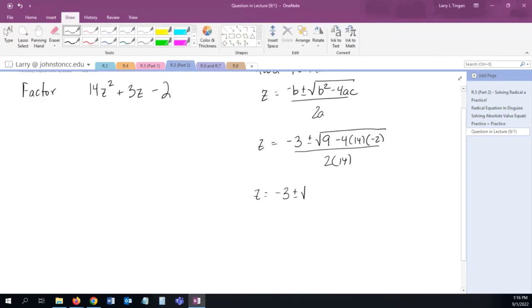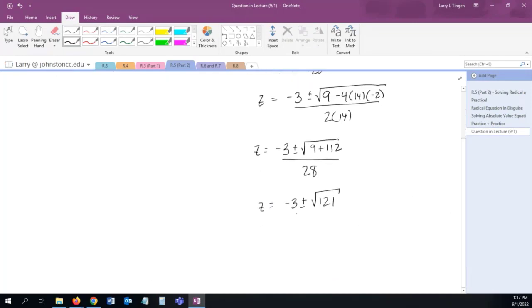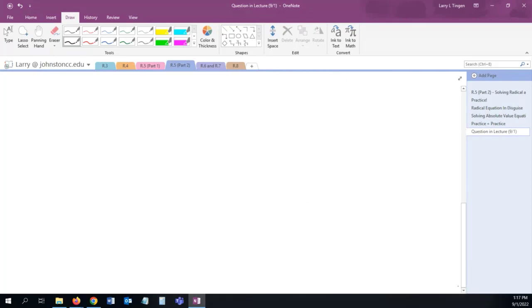Here we go. So if I do the math out here, that's going to be 9 plus 112, all divided by 28: -3 plus or minus the square root of 121 over 28. 121 is a perfect square.